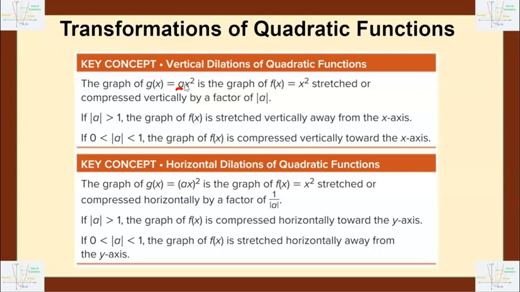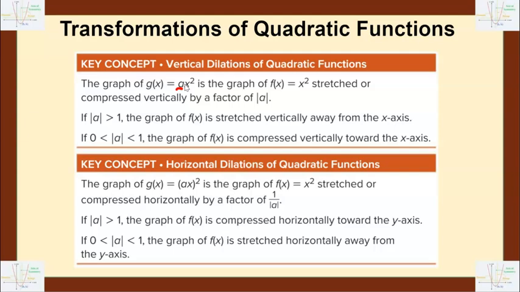And the location of the a is very important. So for vertical dilations, that means you're either stretching it or compressing it vertically. If the a is on the outside of the parentheses or there is no parentheses, then it's a vertical dilation. Now, how do you know if it's a vertical stretch or a vertical compression?